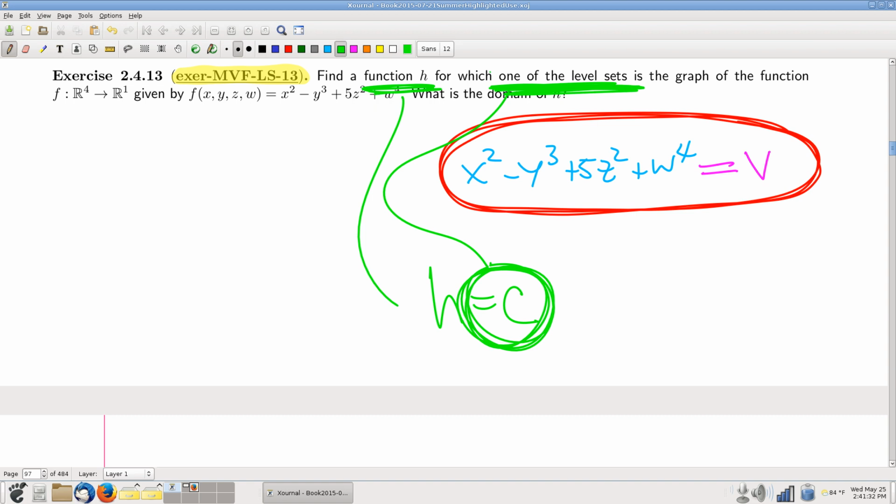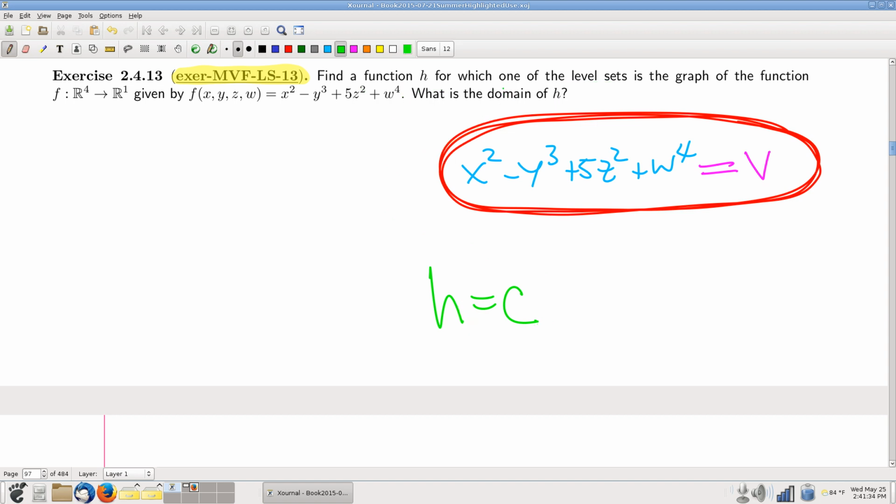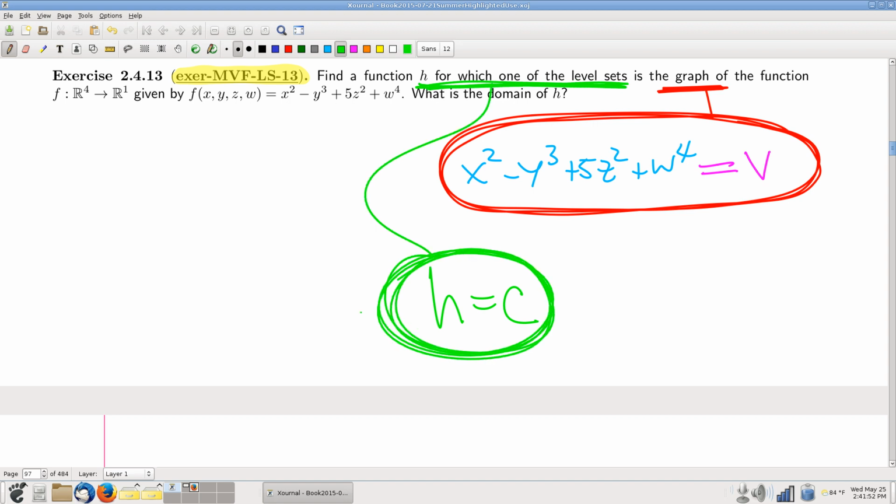All right, so we still don't know what h is, but here's an algebraic version of what I'm given. The graph of f is described by that equation. A level set of h is described by that equation, and these two equations apparently represent the same geometric object.